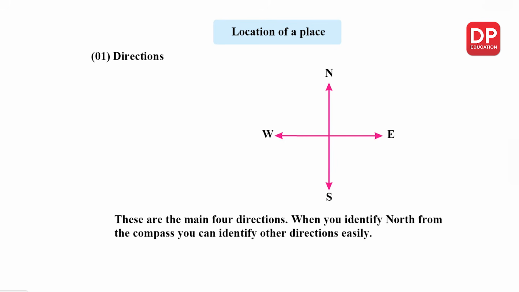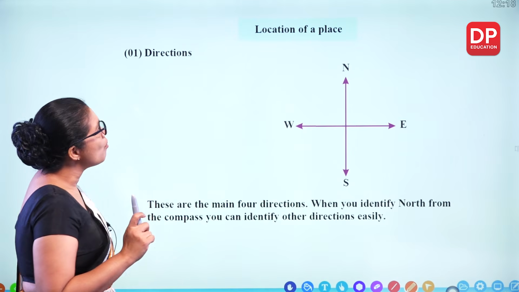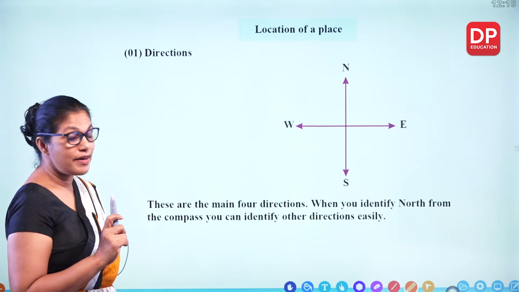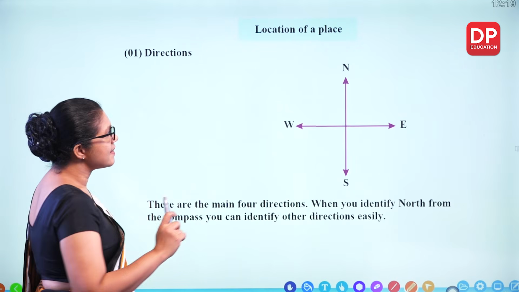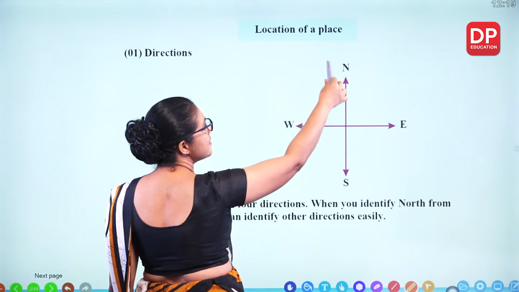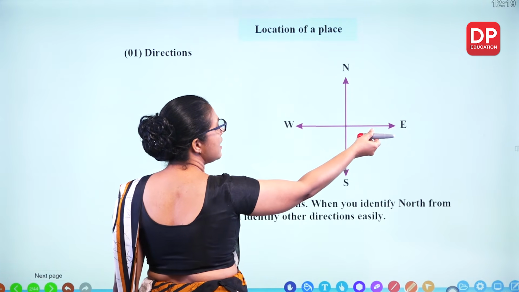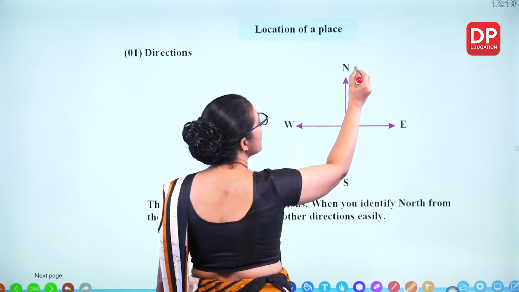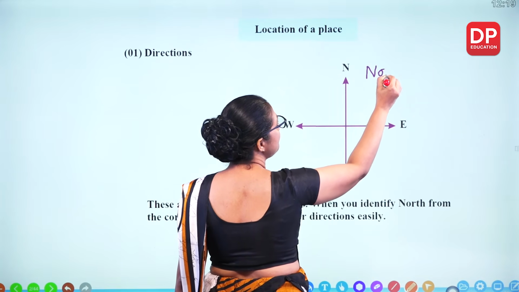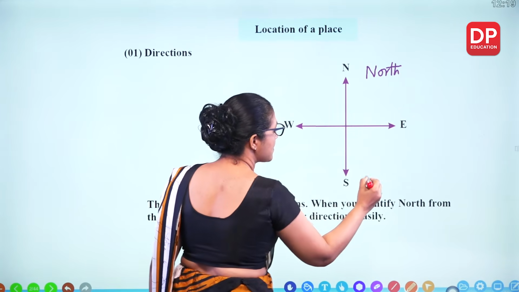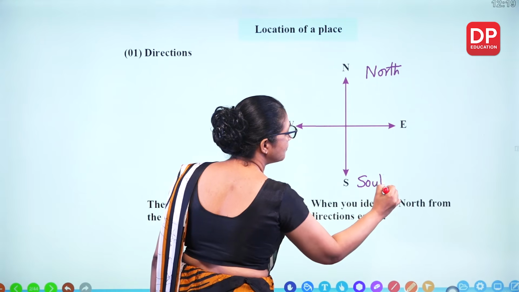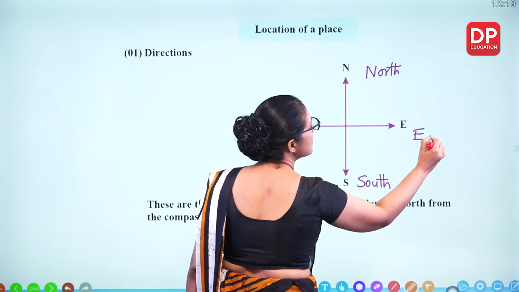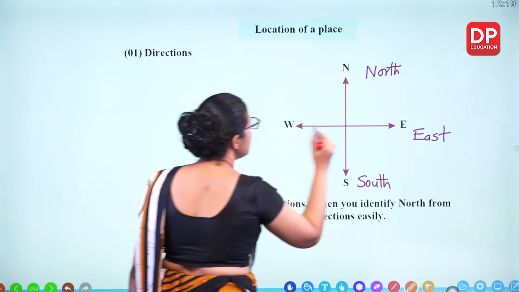Look at this one. These are main directions. So what are the directions that you know already from grade 6 and 7? We call this north, east, south, west. So I'll write down north, south, east and west.